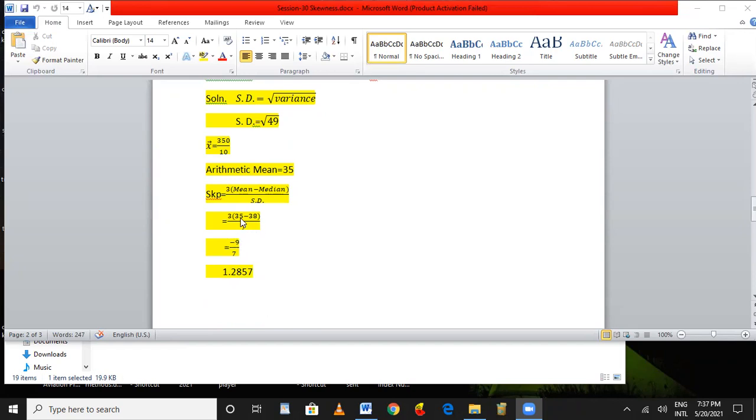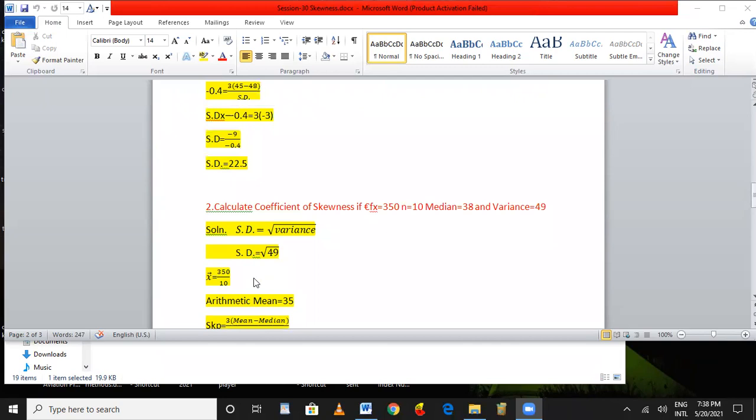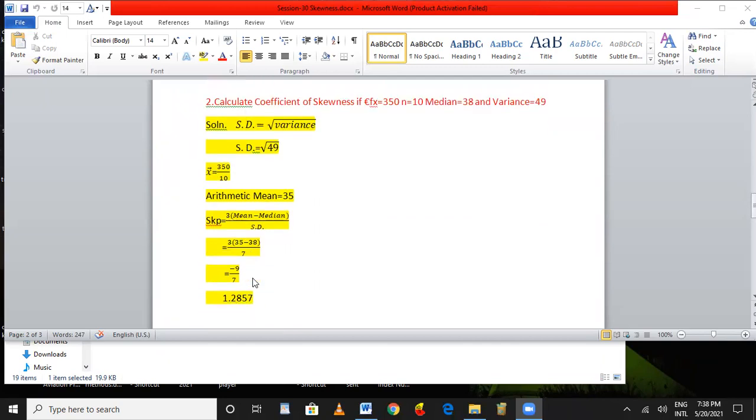Here 35 minus 38 is -3, and -3 into 3 comes to -9. If you divide this by 7, we get -1.2857. This is the Skp, skewness according to Karl Pearson.